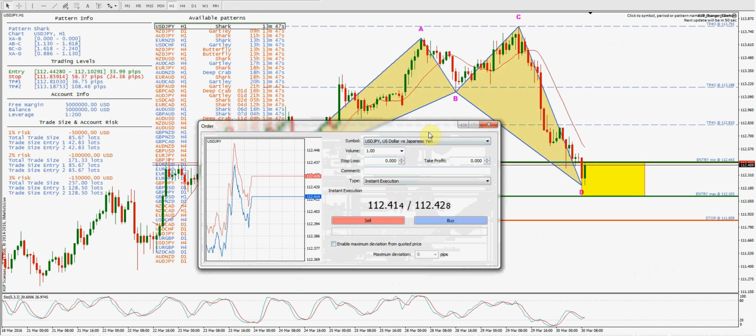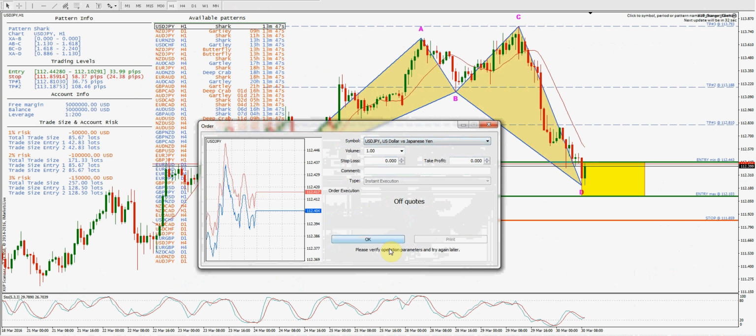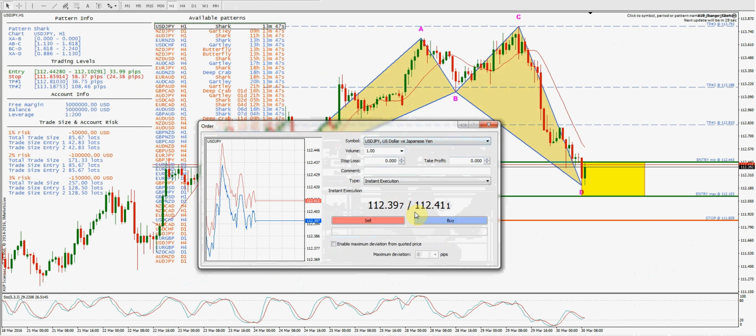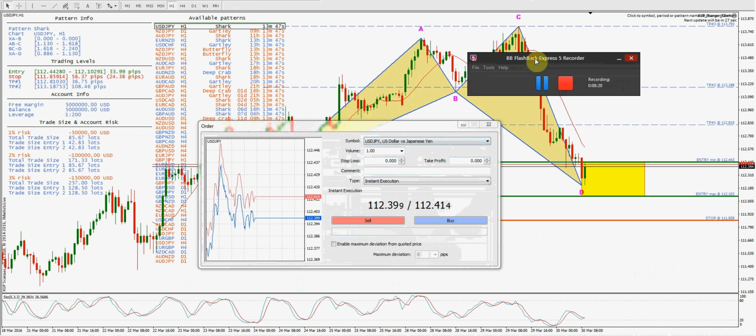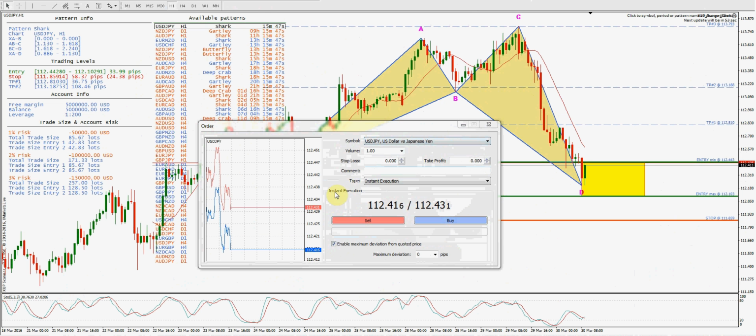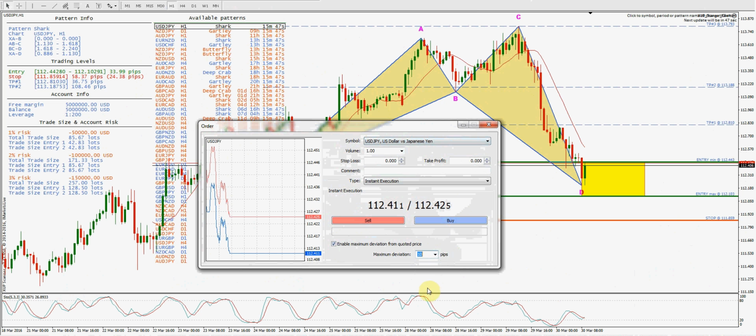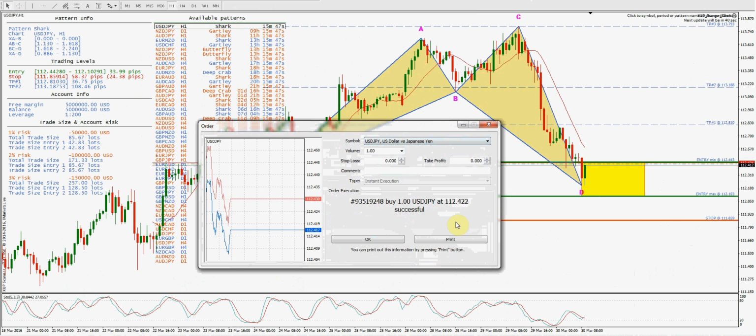I'm not sure what I can do here to get this working, so I'm going to pause it real quick and see what the problem is, why it's not letting me enter a buy trade. All right, no worries. Let me look into this, and I'll be back with you guys momentarily. I just did a search online, and they told me to enable maximum deviation to at least 10 pips. So we'll try that and see if it works for us here.